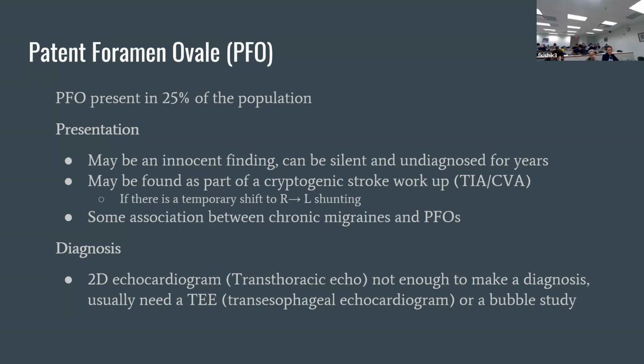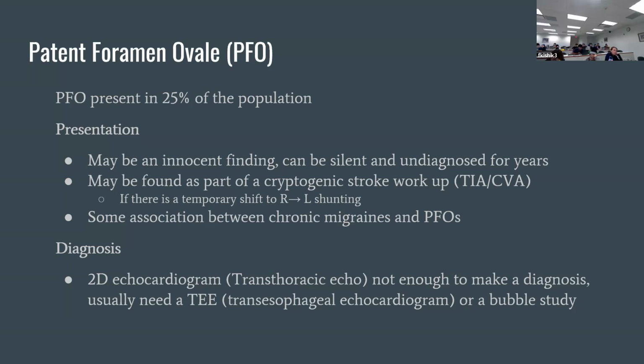So usually the PFO can cause a stroke from the venous side. A lot of times we'll see a patient will have a DVT and a stroke. And that wouldn't make sense, right?